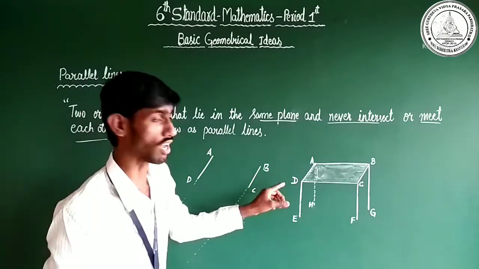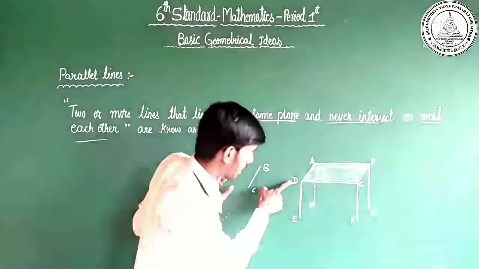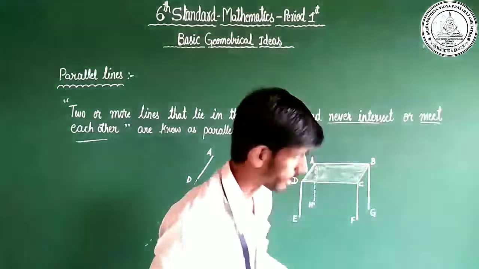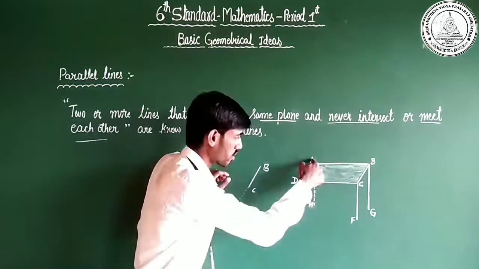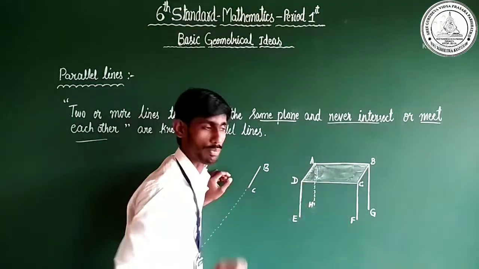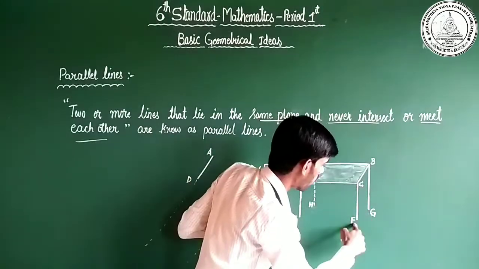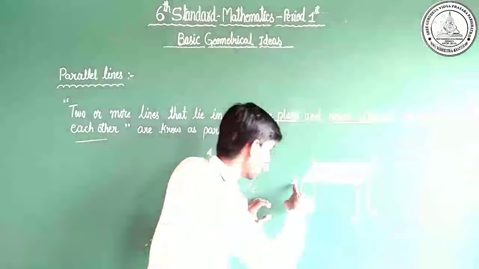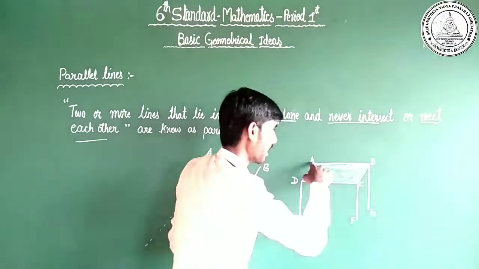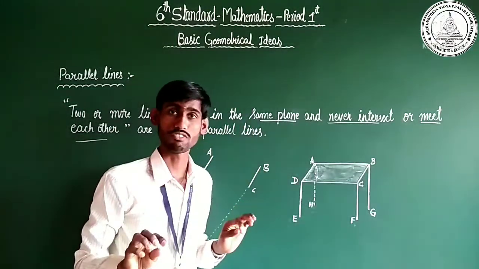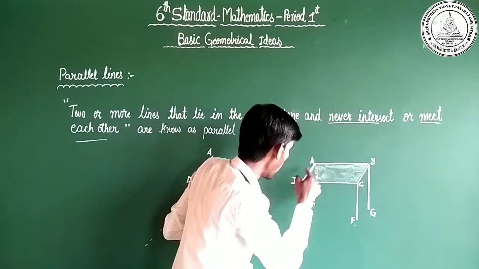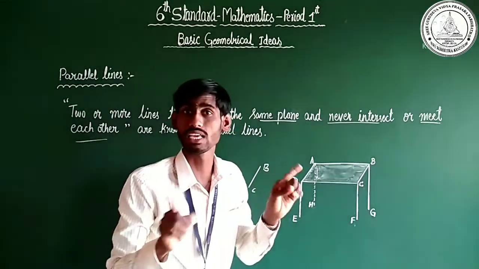Dear children, observe here one of the pairs of parallel lines: DE and AH. These two are parallel lines. CF and BG, these two are parallel lines. Next, DC and AB are parallel lines. Which are not parallel lines? Observe here. BA and DA are not parallel lines.